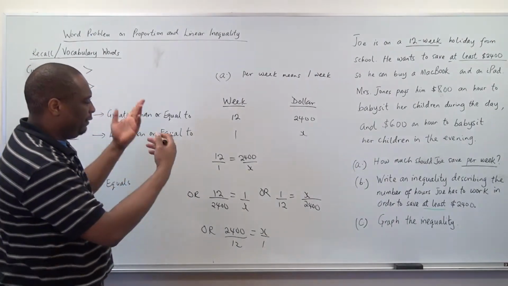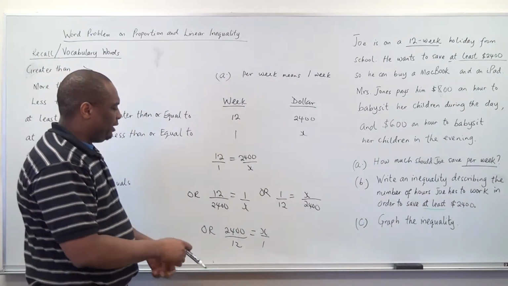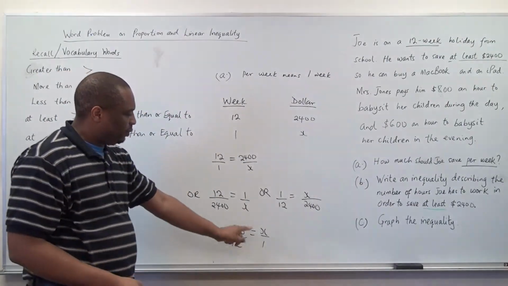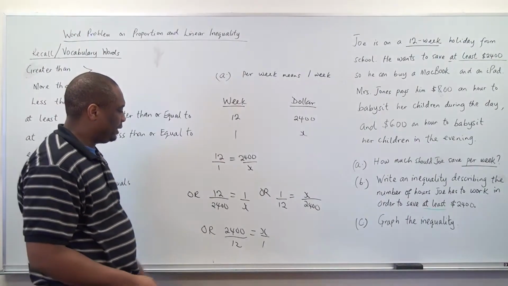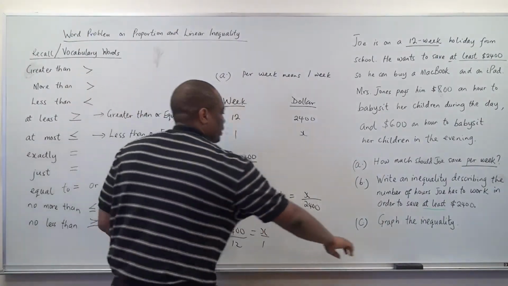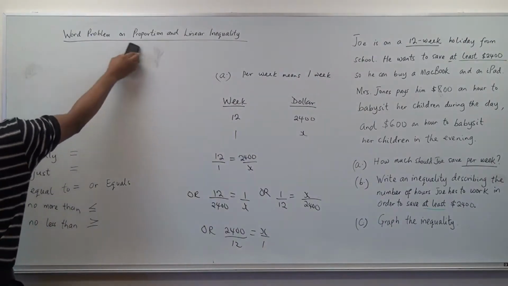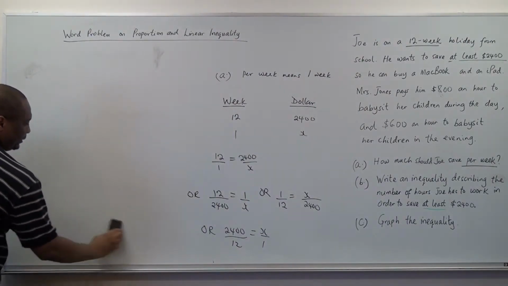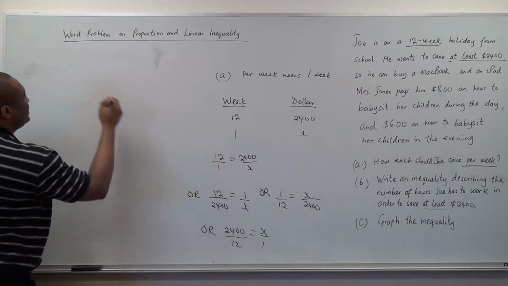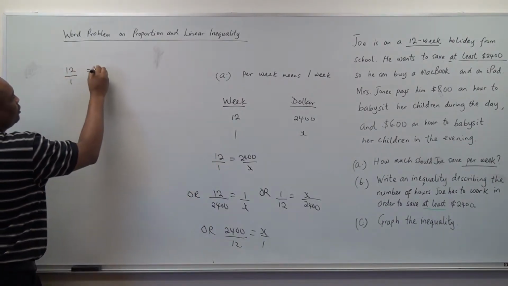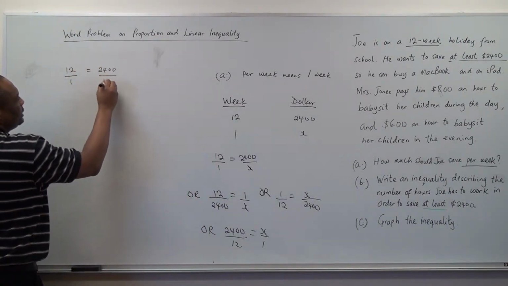Okay? So if we do it any of these ways, of course, this way will be the easiest. If you do that, you can just do cross product. You can cross multiply. And when you cross multiply, we can use this way, 12 over 1 equal to 2,400 over x.